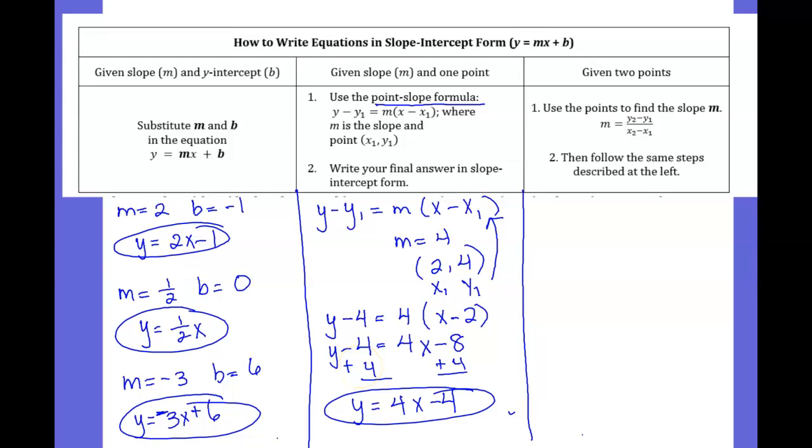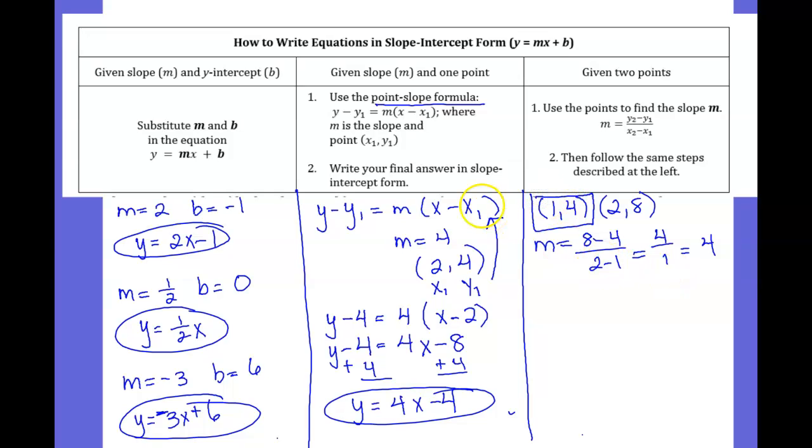The other thing we're going to do today is if we're given 2 points. So say we have 2 ordered pairs. Maybe I've got (1, 4) and (2, 8). The first thing I have to do is get the slope. I'm not given the slope, so I'm going to calculate it. So my slope would be 8 minus 4 divided by 2 minus 1. 8 minus 4 is 4. 2 minus 1 is 1. So my slope would be 4. I can then pick either point. It doesn't matter which one. I'll pick (1, 4).